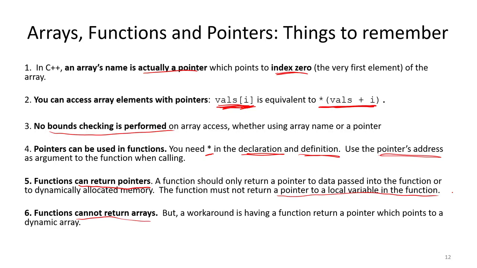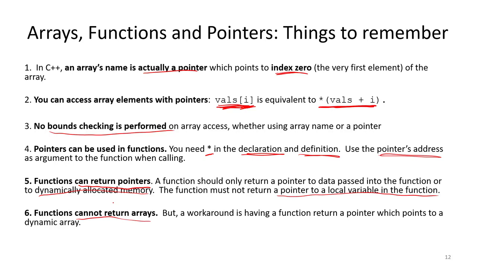So if you are trying to return a pointer with a function, you want to make sure that whatever you're pointing at will still exist when the function ends. That's one big advantage of using dynamic memory, which we'll talk about a little bit later.